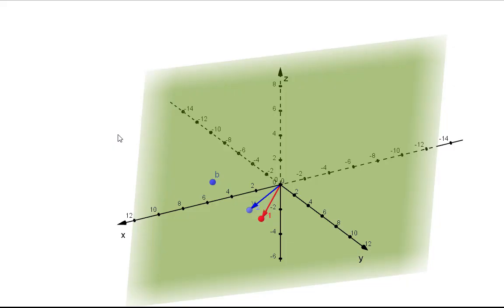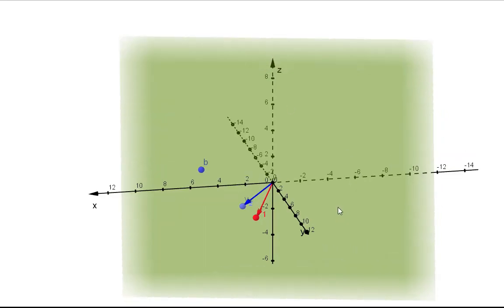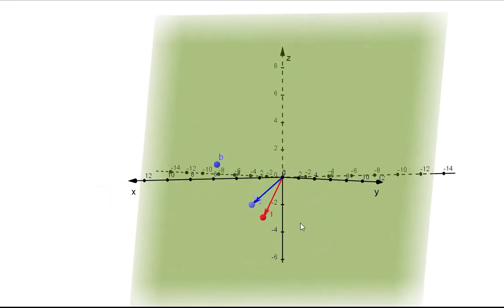To see what this looks like geometrically, this green plane here is a picture of the span of v1 and v2. So v1 and v2 are definitely on that plane because v1 is equal to 1 times v1 plus 0 times v2, and that counts as a linear combination of them. And so is v2 here. From this angle, it's hard to see if B is part of this plane or not, because we've got a two-dimensional screen here and we can't really see all of it at once.